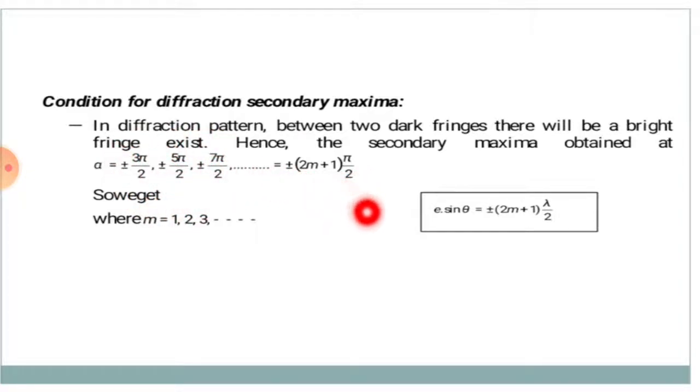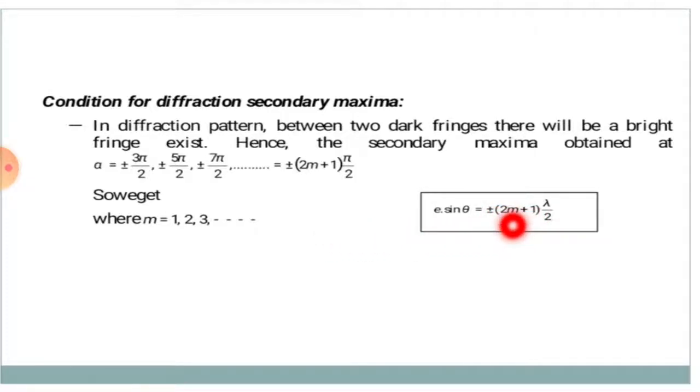That is, when the path difference between the waves diffracted from a single slit is an odd multiple of half wavelength, we will get secondary maxima in the diffraction pattern. So the range of m is 1, 2, 3 and so on.